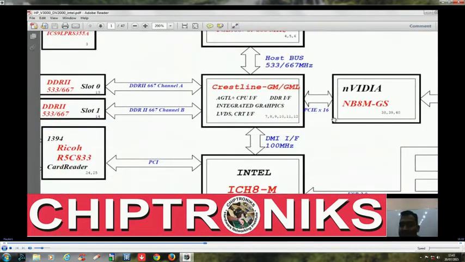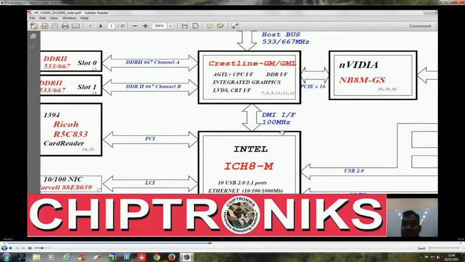PCI Express 1 means 2 wires for transmitting, 2 wires for receiving, whereas this is PCI Express 16. So we would have 64 wires, right? 64 wires, 16 into 4, 64 physical wire connections between the NVIDIA and the GMCH.